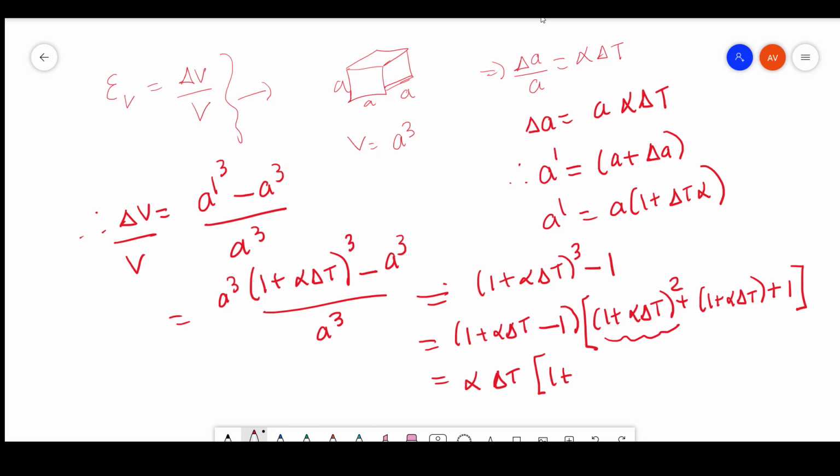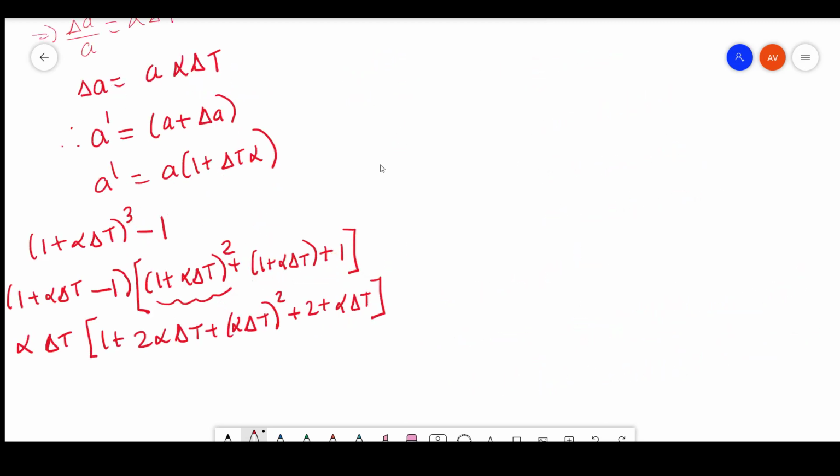Expanding this term, you will get 1 plus 2 alpha delta T plus (alpha delta T) squared, plus the term you already have, 1 plus alpha delta T, plus 1.